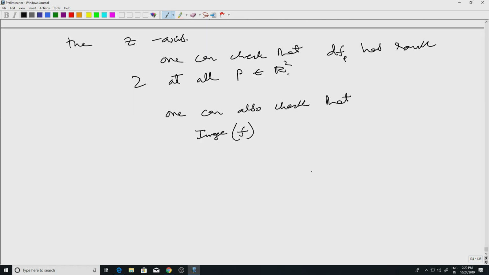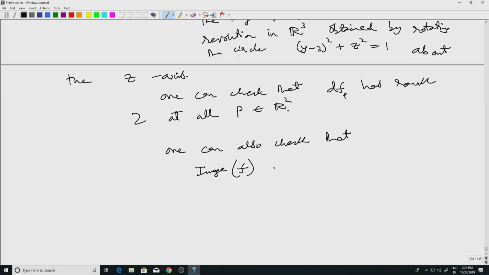And so it is homeomorphic to S1 cross S1.